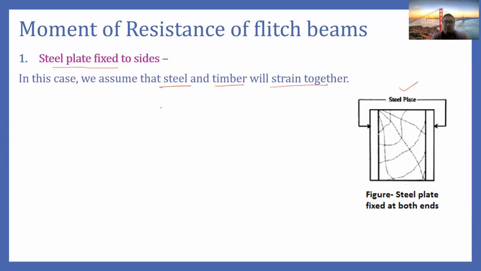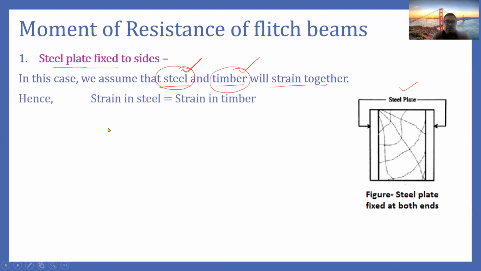Now, what is the meaning of this? It means steel and timber both will fail at the same time. When the failure occurs, both materials will fail at the same time. Strain is a measure of deformation, so the strain in steel and the strain in timber will be the same.